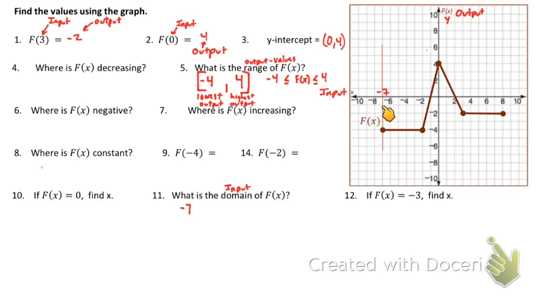Or do we have a point on my negative 7 line? And since we have a point, we actually put a bracket. Okay? So this is my lowest input. Okay? Now we're going to go to my highest input. So we're here. What is the last input I have that's the highest number? And you look, it's going to be 8.